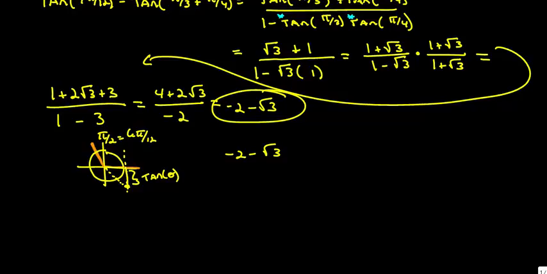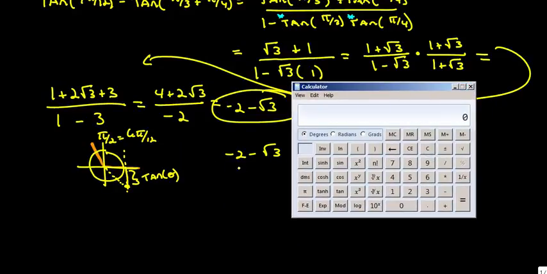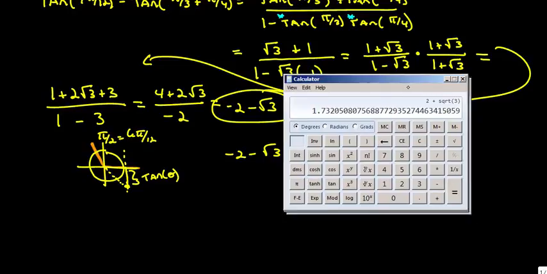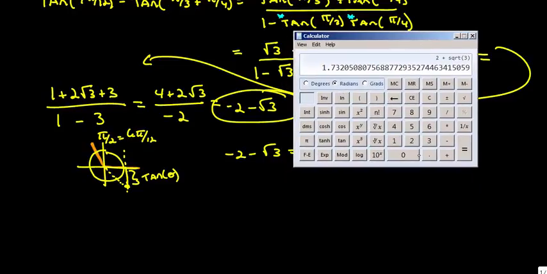So let's check it with our calculator. I'm going to pull the negative up front: negative, 2 plus the square root of 3, which is about 3.73. Now, 7 pi over 12 in radians is 7 times pi divided by 12, which is 1.83 radians.